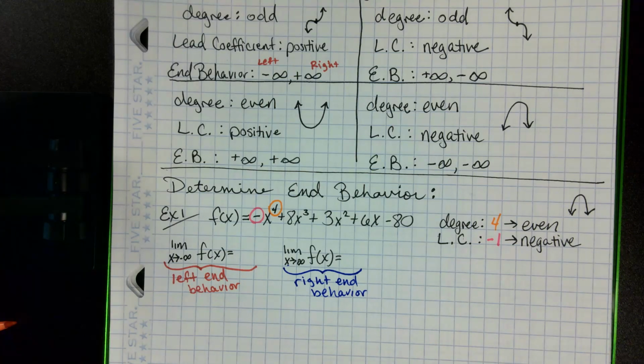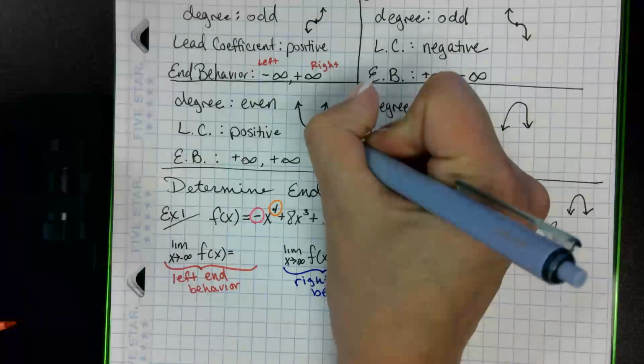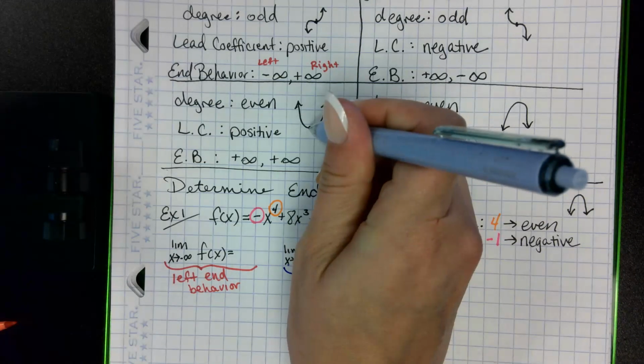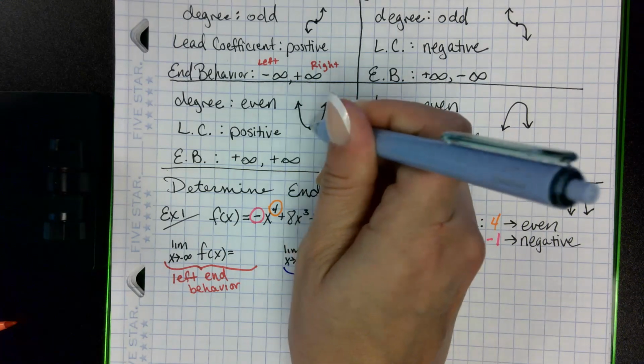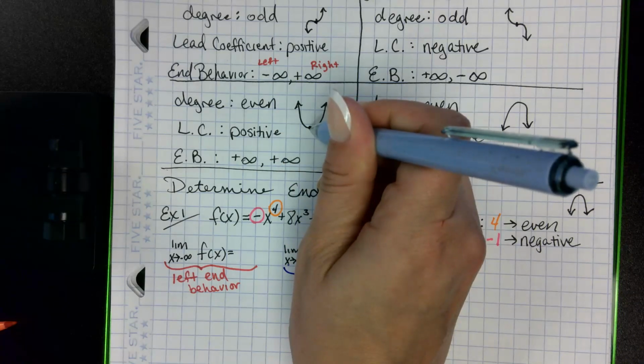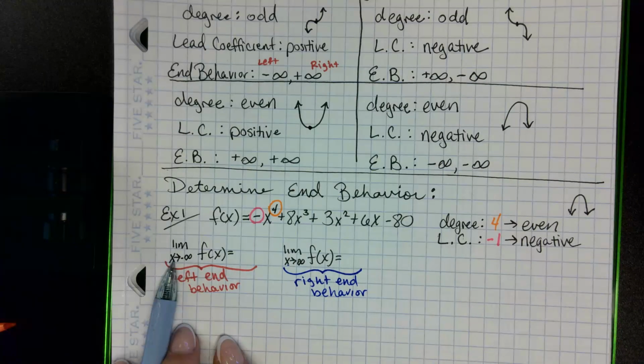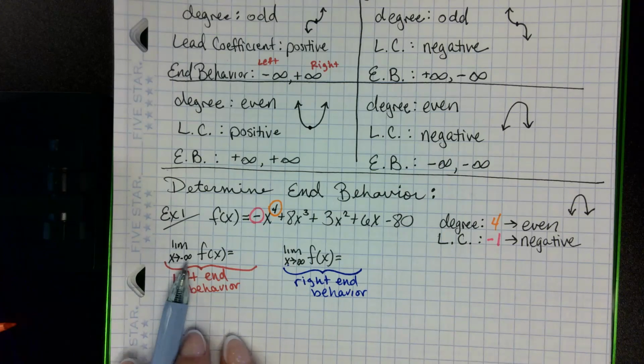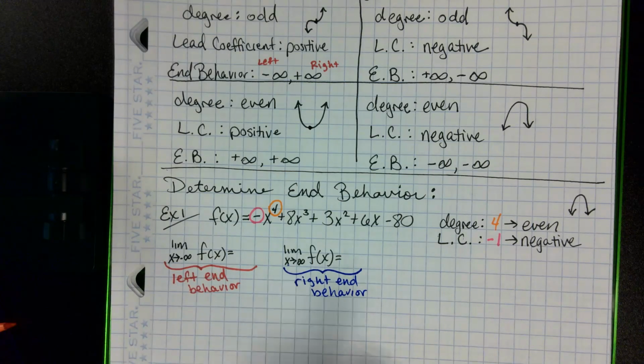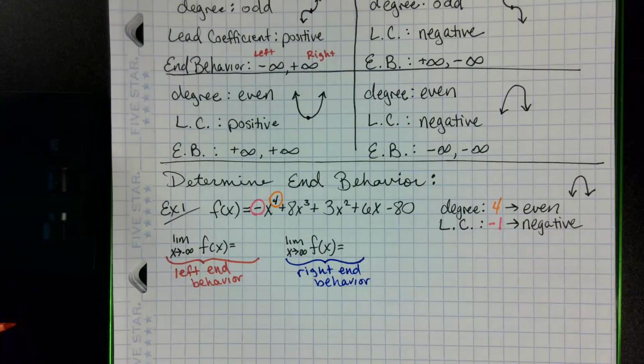So no matter the function, it will always be a negative and a positive infinity, because x is going to the left, x is going to the right. From the origin, we're going to move to the left. So it's talking about the left side and the right side, as x moves to the negative and as x moves to the positive.